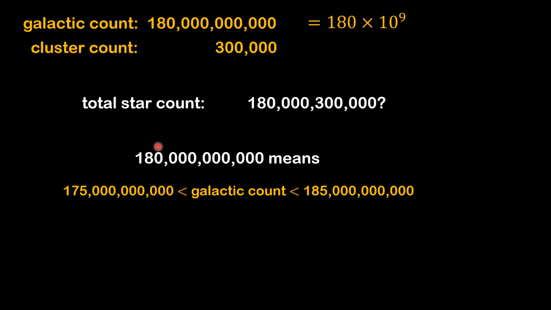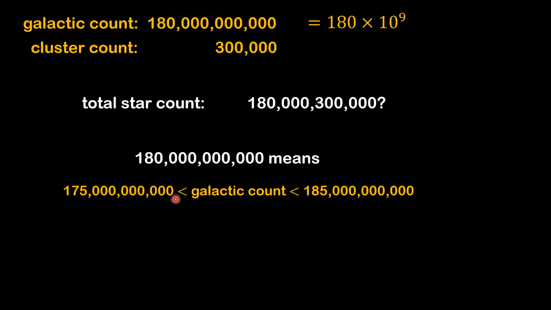That's because when you write down 180 billion, remember, trailing zeros, unless there's a decimal point in there, are not significant. So when you write down 180 billion, all you're really saying is that you know the number of stars is closer to 180 billion than it is to 190 billion or to 170 billion.